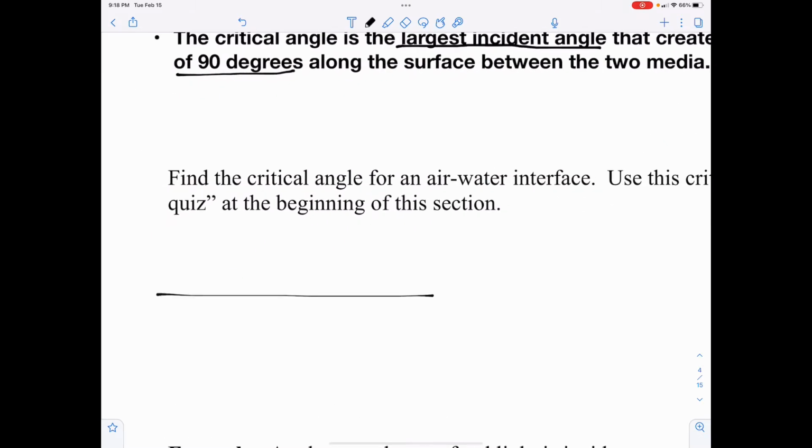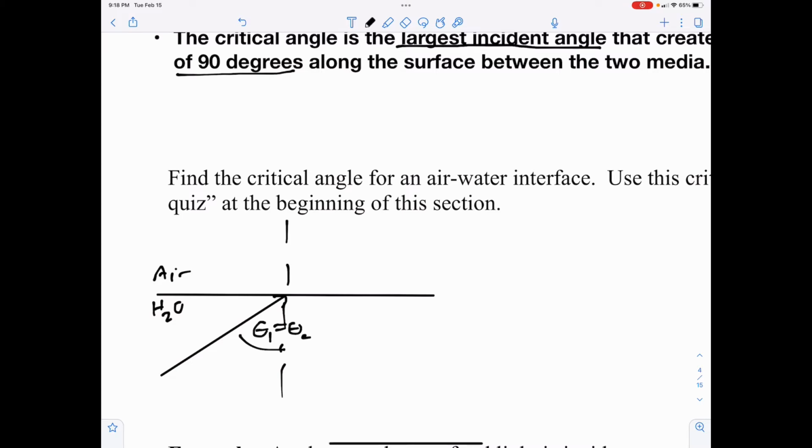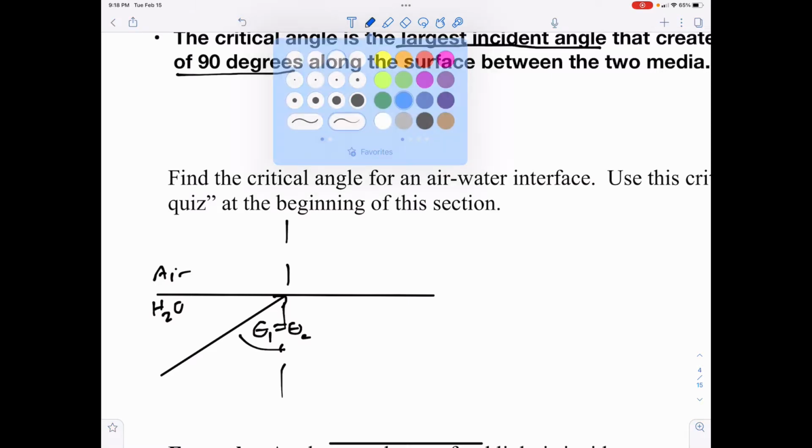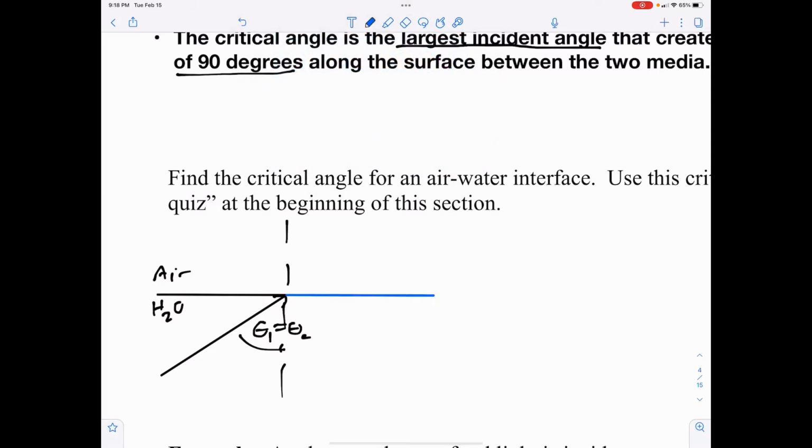So you've got the surface. We're going from water to air. Here's theta 1, which is, by the way, the same thing as theta c, the critical angle. And theta 2 is going to be 90 degrees along the surface.